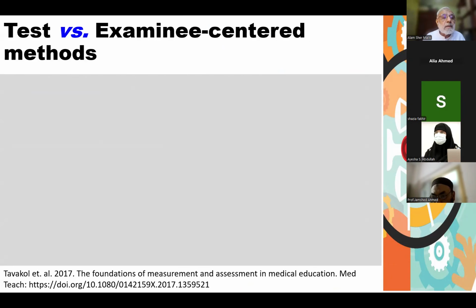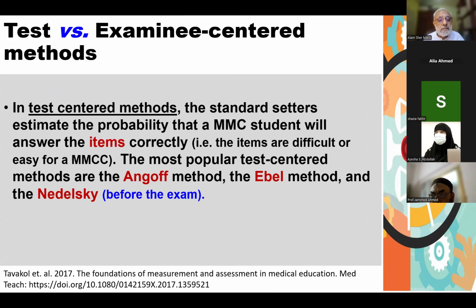To understand test versus examinee centered methods: in test centered methods, the standard setters estimate the probability that a minimally competent student will answer the items correctly, and whether the items are difficult or easy for a minimally competent candidate.